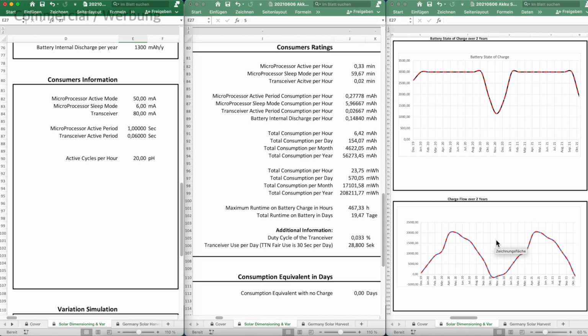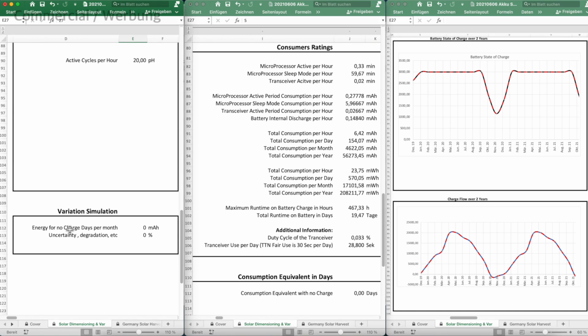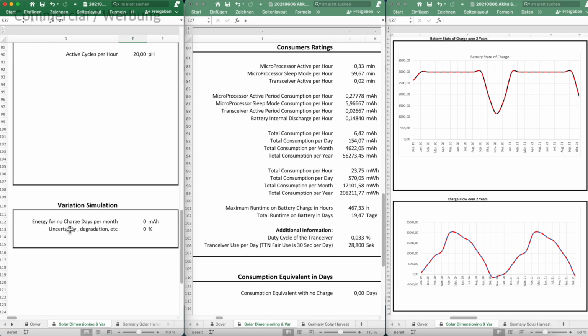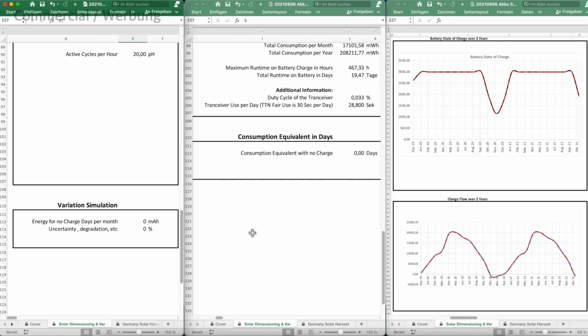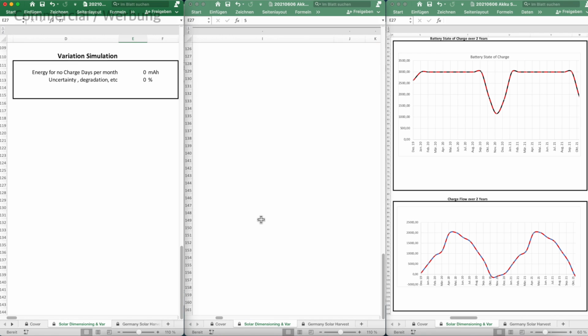We are back in our simulation tool now, where we found a design that seems to be okay overall for all the seasons of the year. Now we are going to our variation simulation.